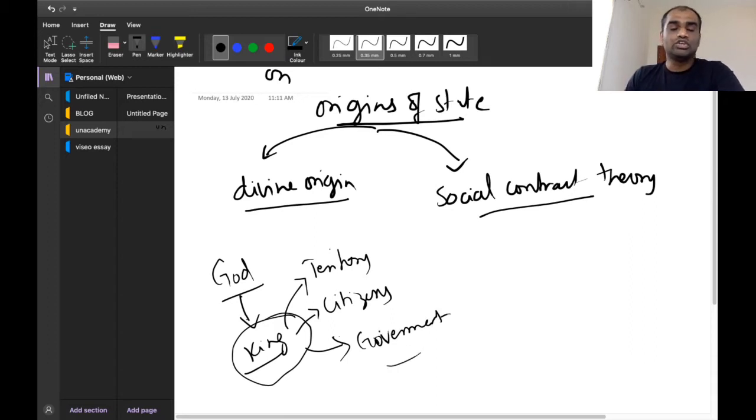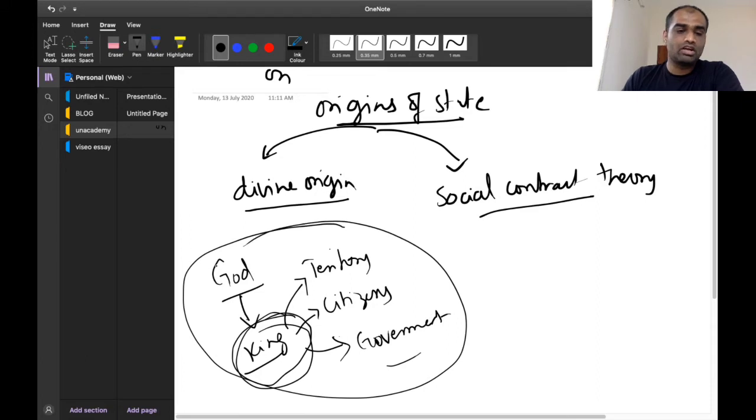So the king is the sole authority when it comes to deciding what constitutes a state. The king is very powerful in this divine origin theory. But this theory was followed only during ancient as well as medieval times.